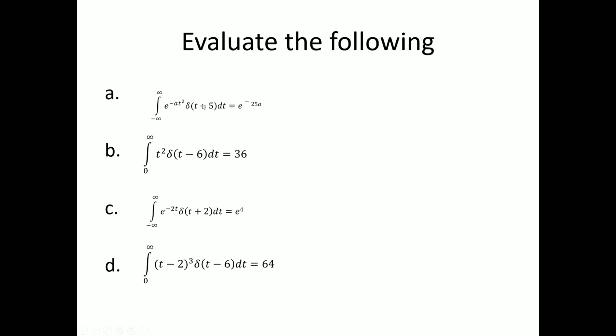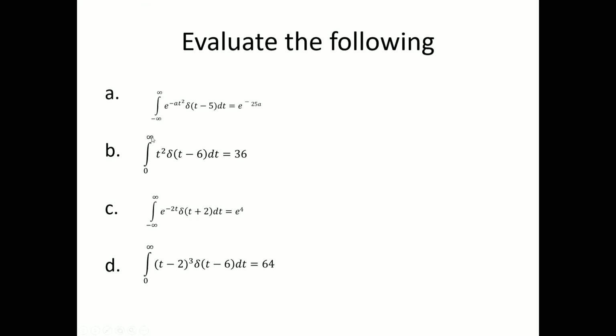The integral of x of t into delta of t minus t naught gives x of t naught. Here t naught is 5 and x of t equals e power minus a t square, so t is replaced with 5, giving e power minus a 5 square, which is e power minus 25a.